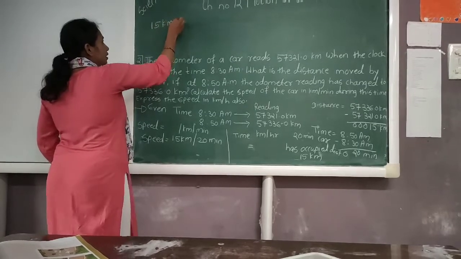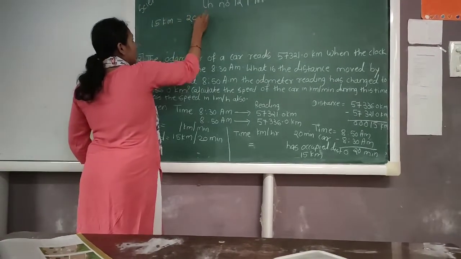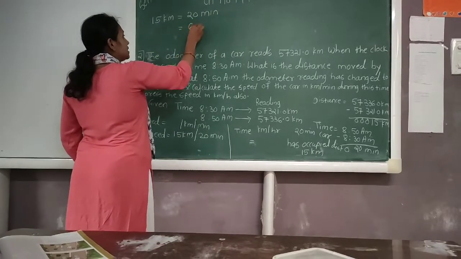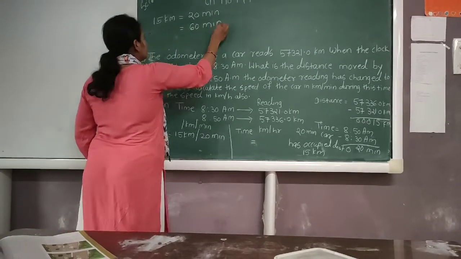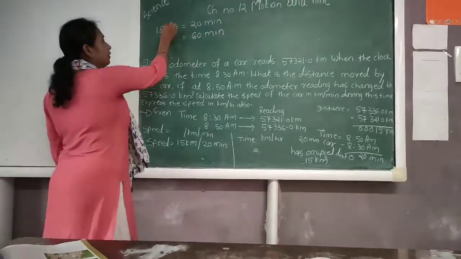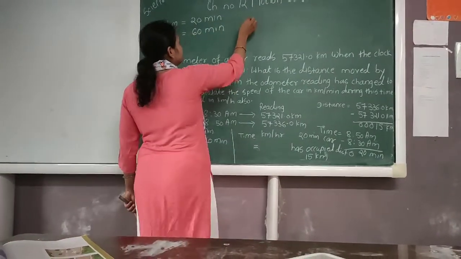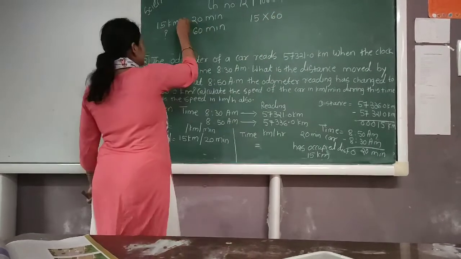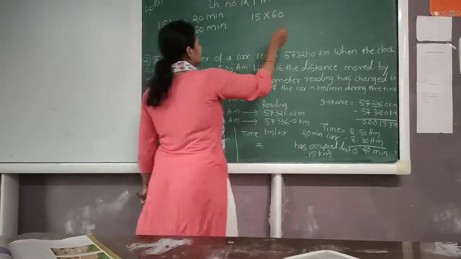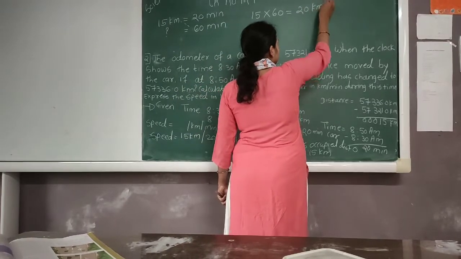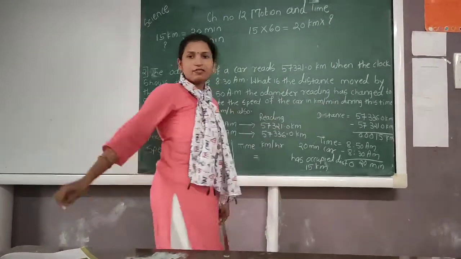15 kilometer is covered in 20 minutes. So, in 60 minutes, how much distance is covered by the car? We will do the cross multiplication. So, 15 into 60 is equal to 20 kilometer multiplied by question.